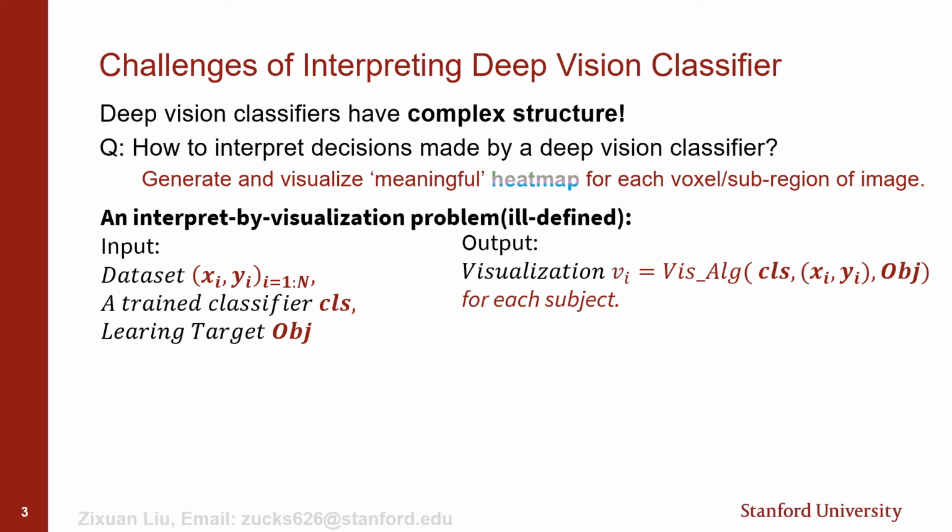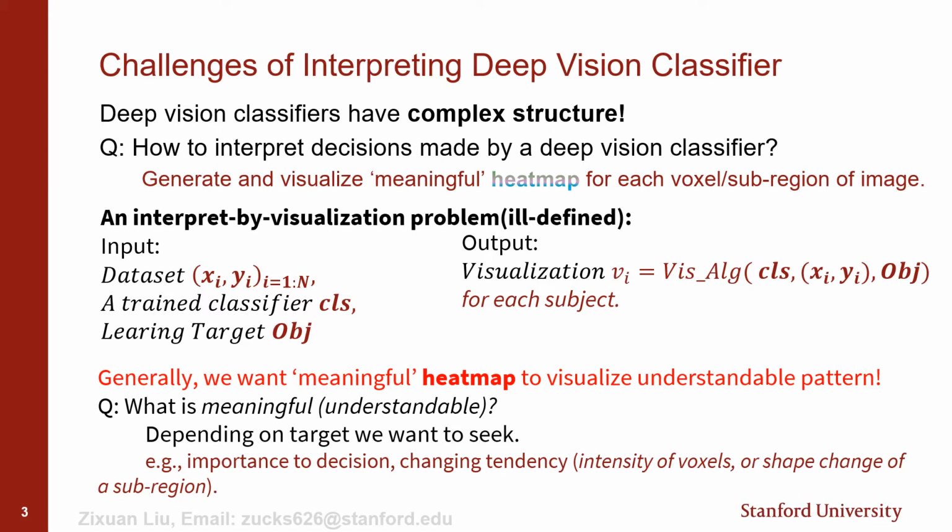That is, suppose we have a dataset, a classifier trained using data in this dataset, as well as a learning target called objective. Our target is to design a visualization algorithm that could generate a visualization map for each subject in the dataset. The reason why it's ill-defined is that we actually don't know the right way to describe a meaningful learning target.